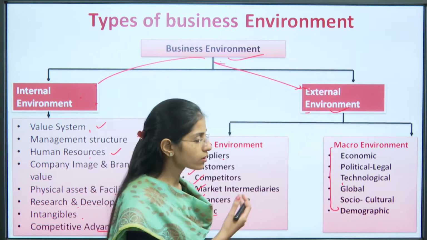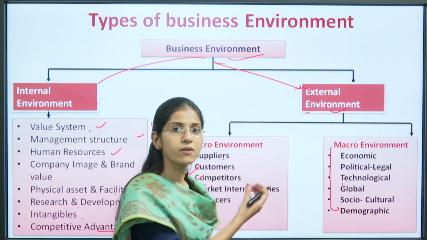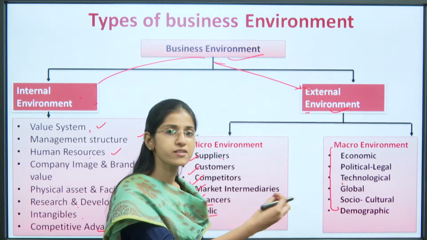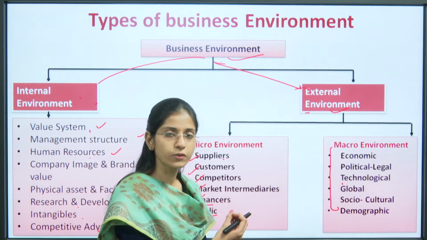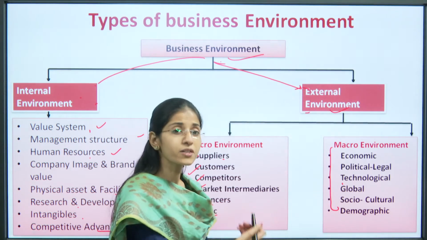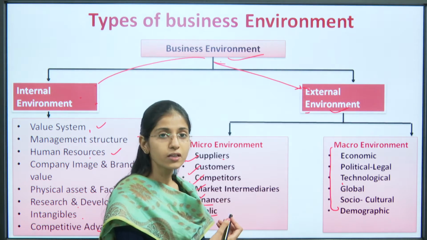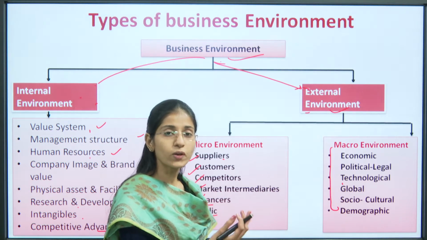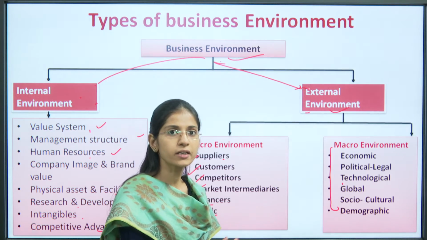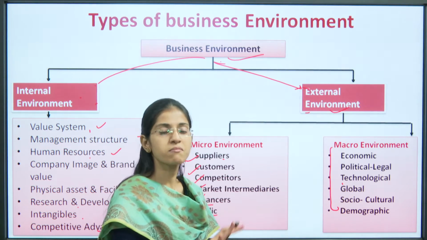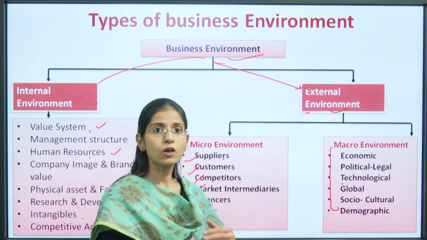A business cannot have any idea what decision a political party is going to take. Whatever technological changes are coming, business cannot predict it. Once it is introduced in the market, then business can observe it.